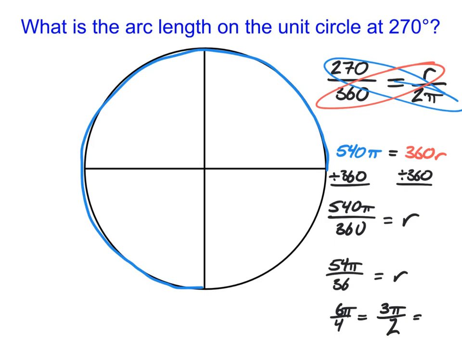And so we end up finding that our radian value here is 3 pi over 2. And so I've now converted the degrees into radians, or found the arc length, because that's the exact same idea: all the radians are is the arc length around the unit circle up to that angle.